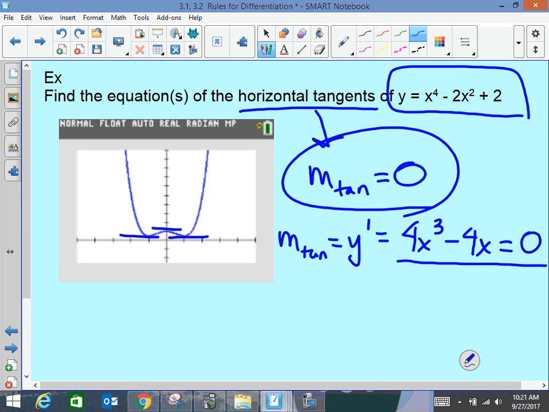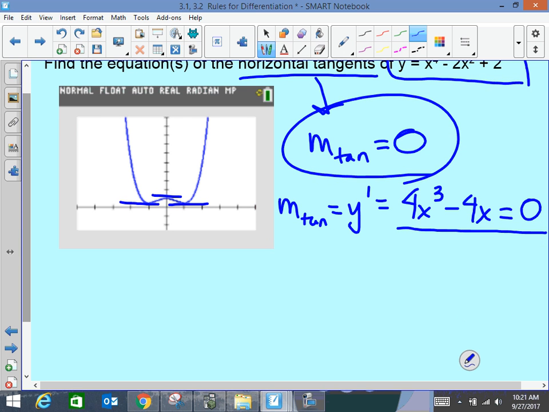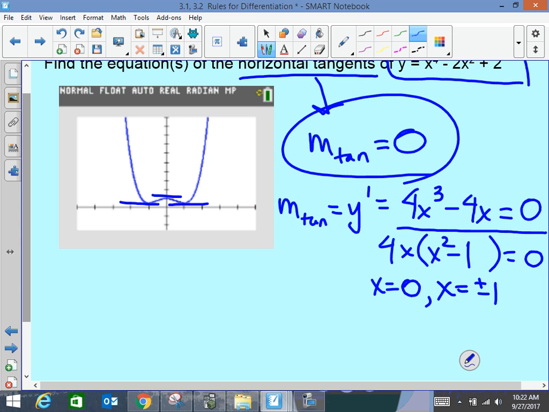Okay? Now, how do I solve? 4x cubed minus 4x equals 0. Take an x out. Take a 4x out, even better. All right, we're factoring. So what's left after you take a 4x out, Claire? All right. So what is x when f of x is 0? 0 and plus and minus 1.